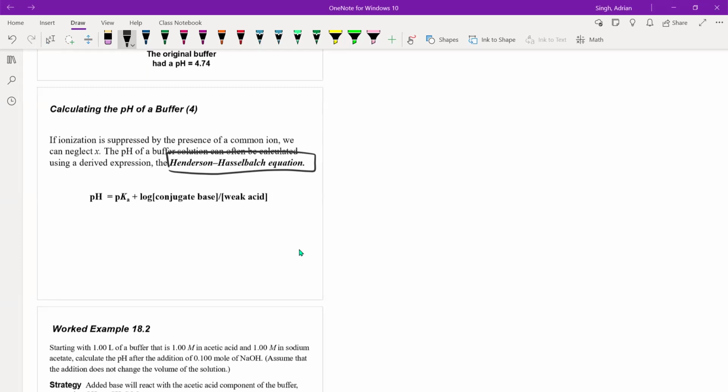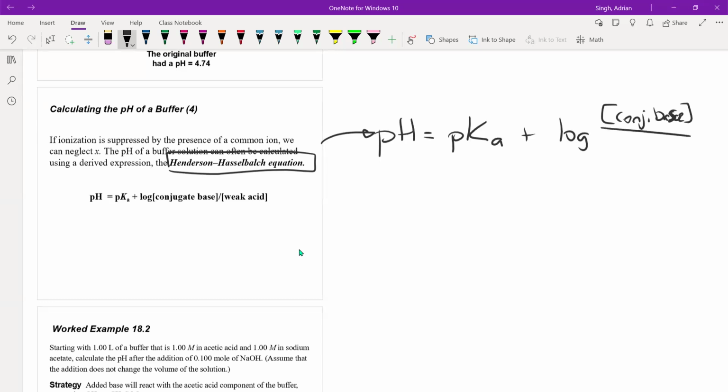I'm not going to spend a whole lot of time talking about that now. We're just going to talk about the equation and how we can use it. So the Henderson-Hasselbalch equation for a buffer says that the pH of a buffer is equal to the pKa of the weak acid that is used to make the buffer plus the log of the concentration of the conjugate base of that acid divided by the concentration of the acid that was used to make that buffer.